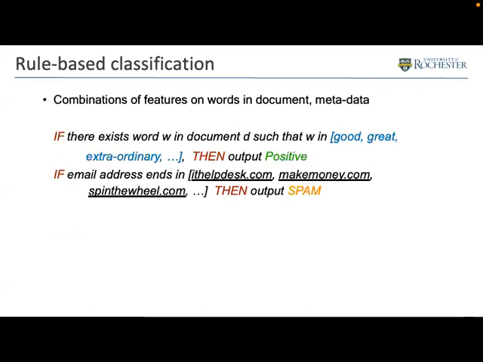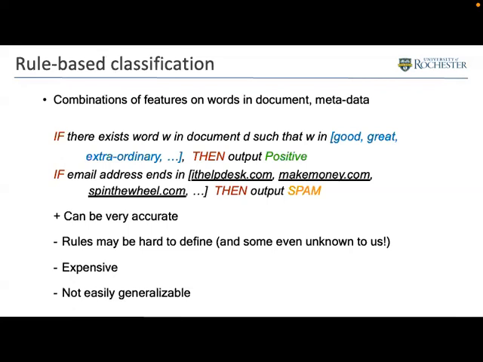The conventional way to do text classification is to use rule-based methods, which means we design some specific rules. As long as the current document contains words like good, great, extraordinary, then we mark this document as positive. However, this kind of rule-based classification will definitely have some drawbacks. Though it can be very accurate, the rules are very hard to define, and sometimes they can be unknown to us.